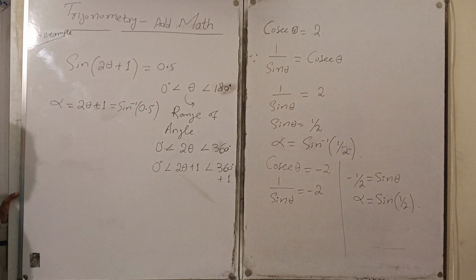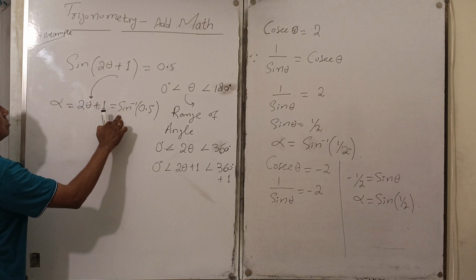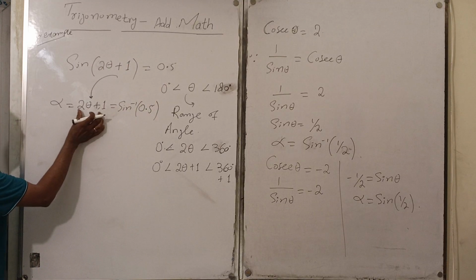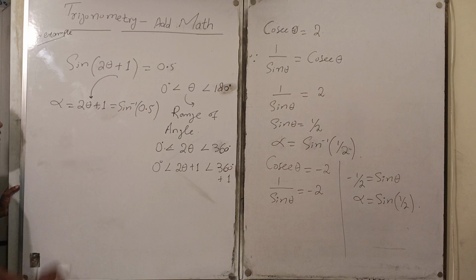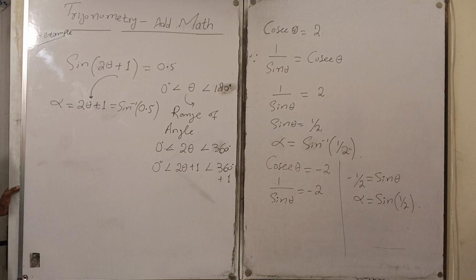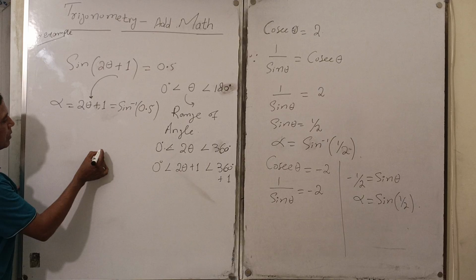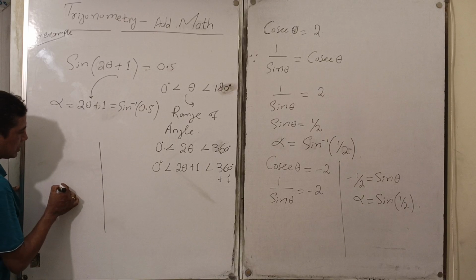Now alpha is replaced by 2 theta plus 1. Now you have to find what is the value of sine inverse of 0.5. Sine inverse 0.5 is 30. Clear? So this one is 30.